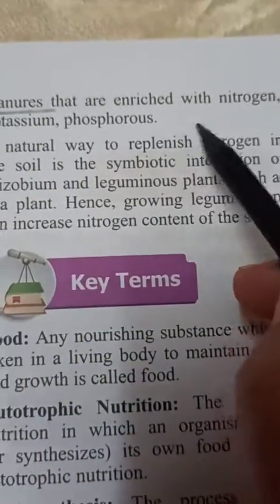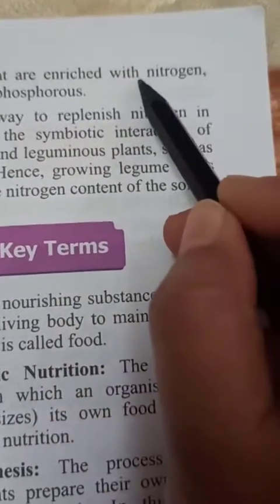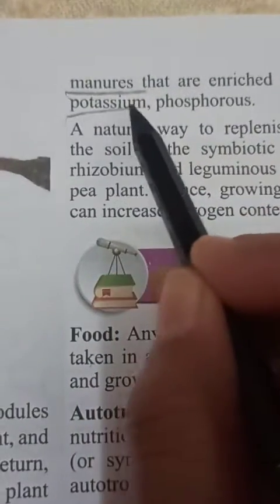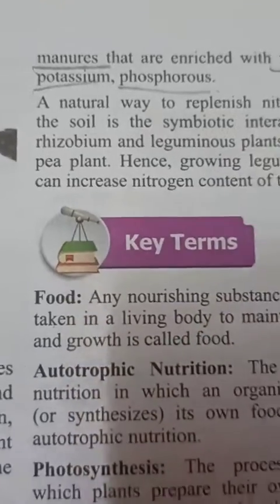Those manures and fertilizers provide nitrogen, potassium and phosphorus to the soil.